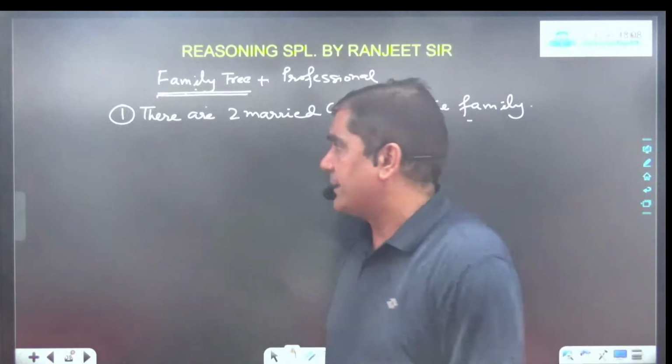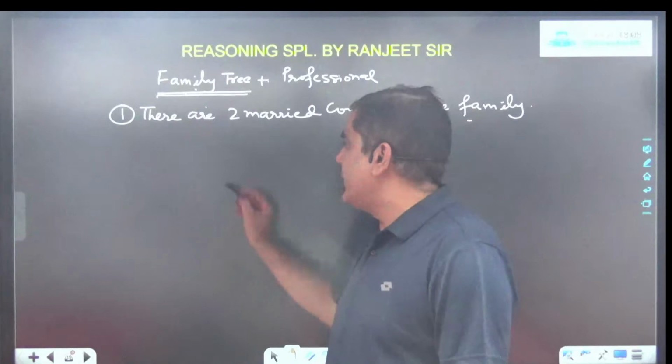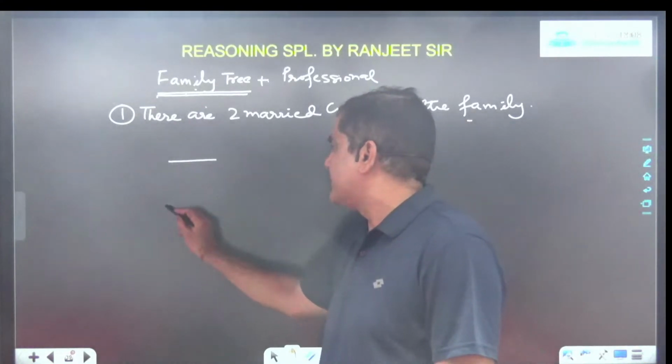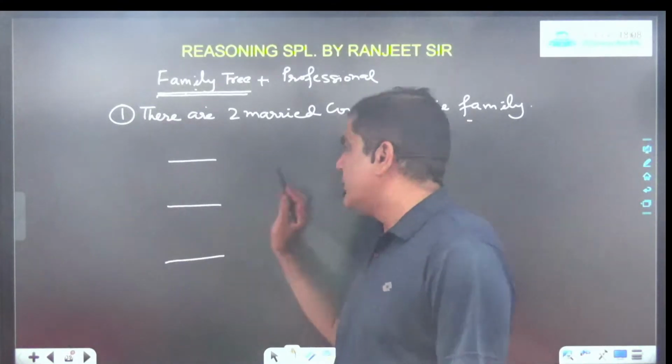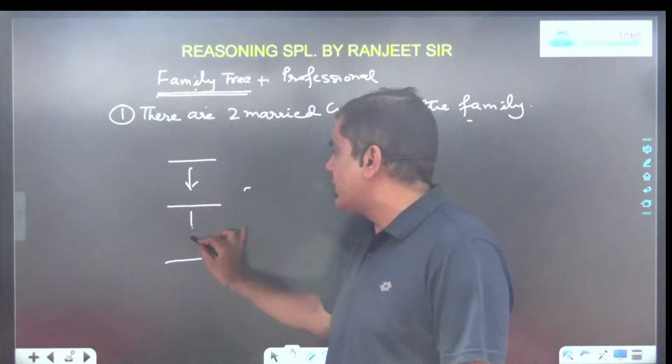Now let's take an example. Suppose in this problem we are talking about three generations. This is generation number 1, this is generation number 2, and generation number 3.